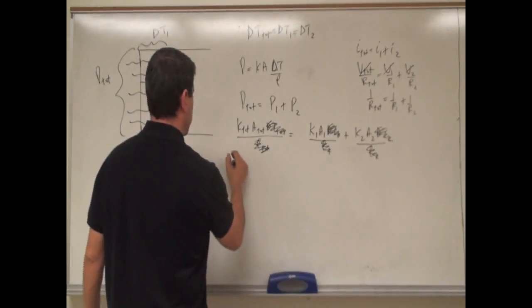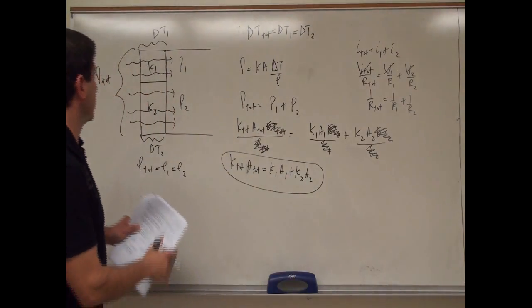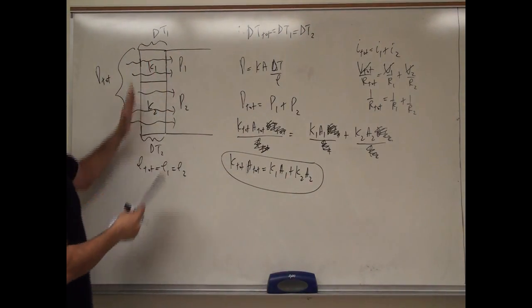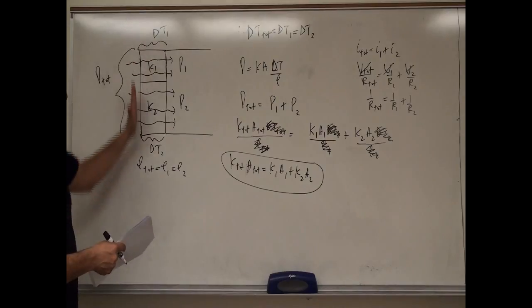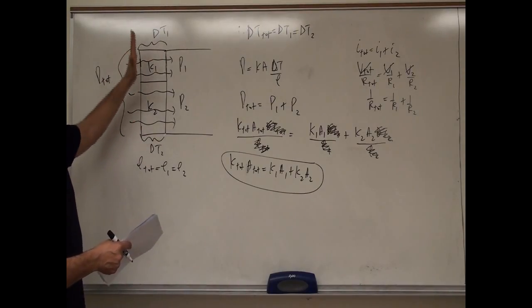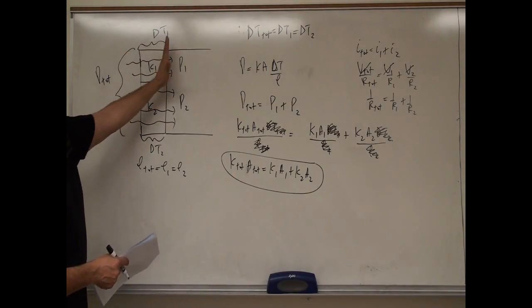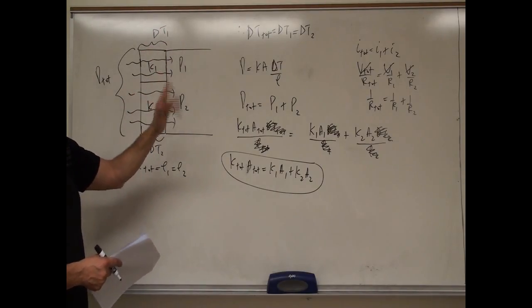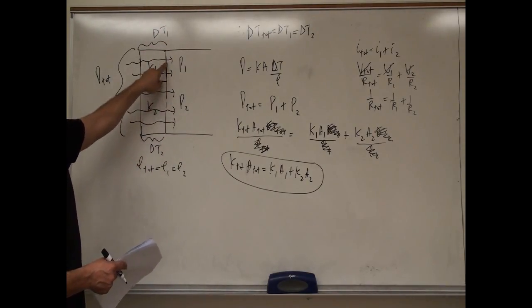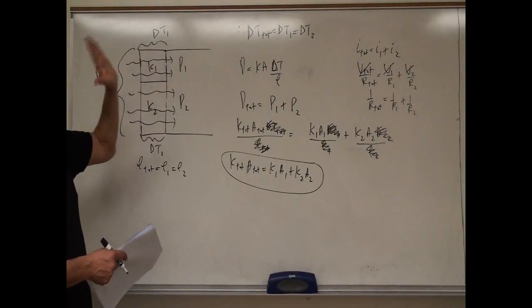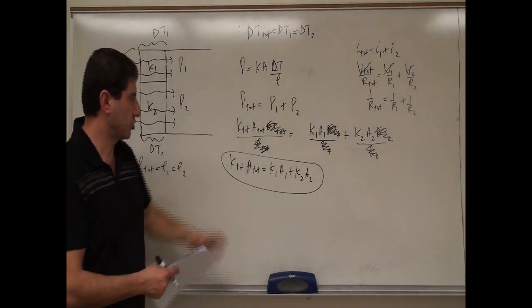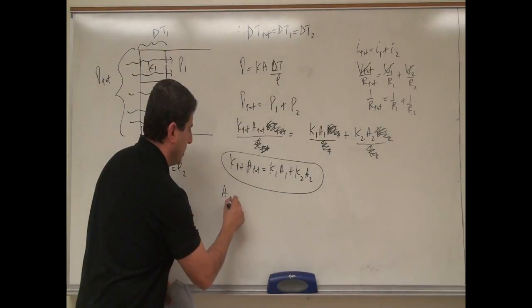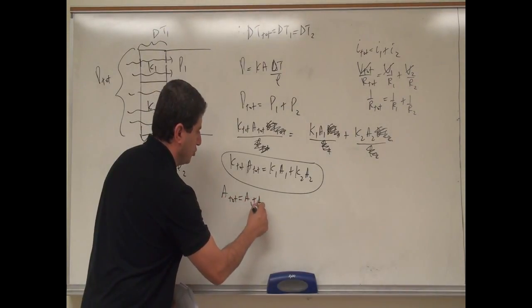And so we get an equation. The A total is the total surface area coming out of the whole wall. The total surface area of just K1 would be A1, and just K2 would be A2. So the cross-sectional area of this plus the cross-sectional area of this is equal to the total cross-sectional area. So A total is equal to A1 plus A2.